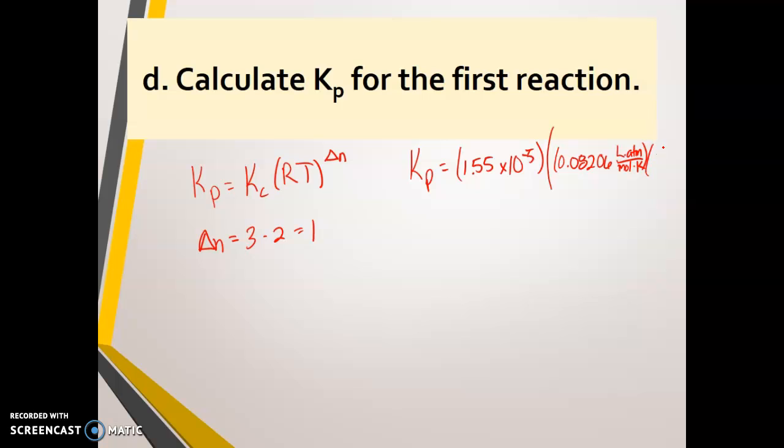Multiply that by our temperature, which is 35 degrees Celsius plus 273, giving us 308 Kelvin. And our change in moles is 1, so raise it to the 1. So Kp is going to be equal to 3.92 times 10 to the negative 4th.